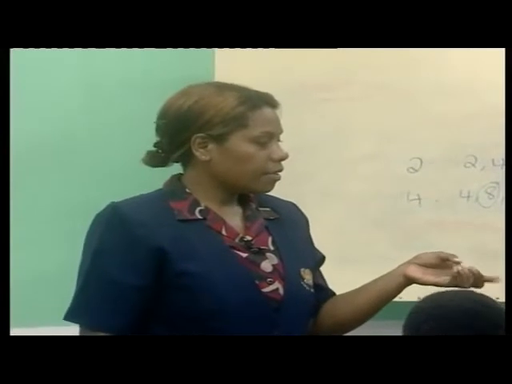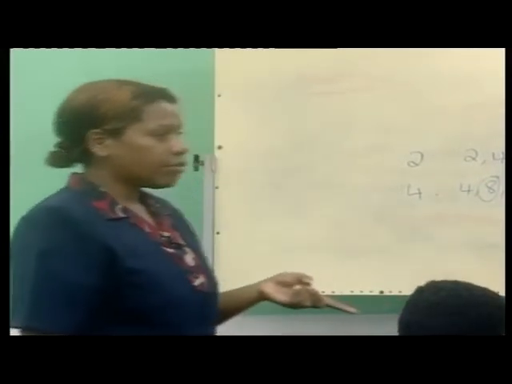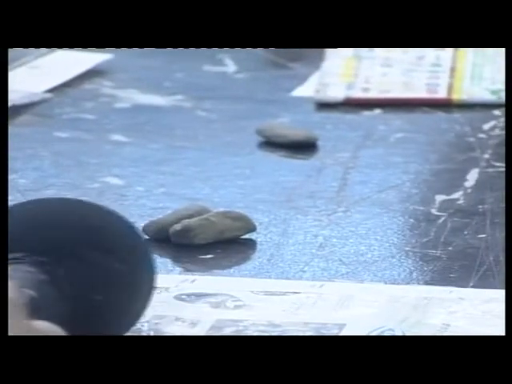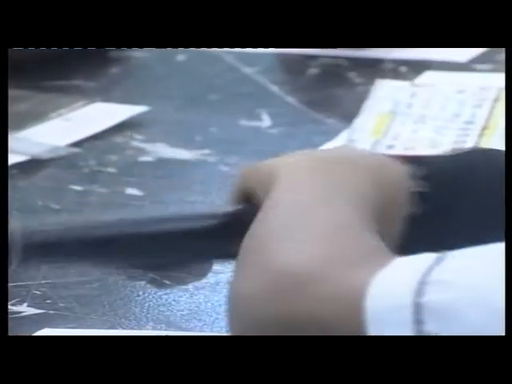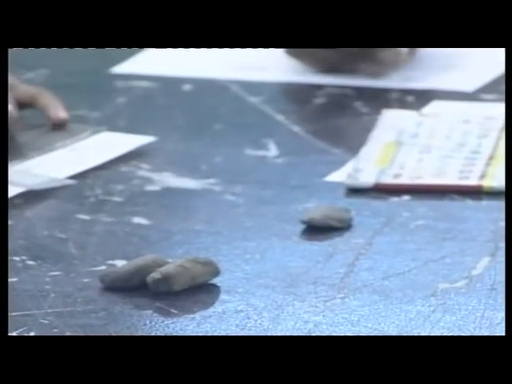Okay. So is there any left over? One remainder. All right, so because you have 3 stones, you put 2 in pairs and 1 is left out. Okay? Give to the next group.